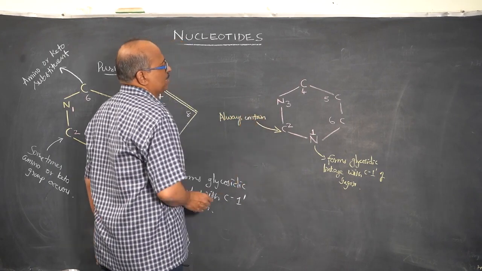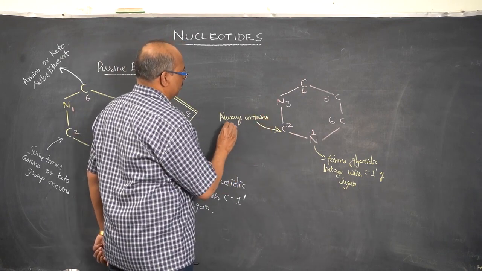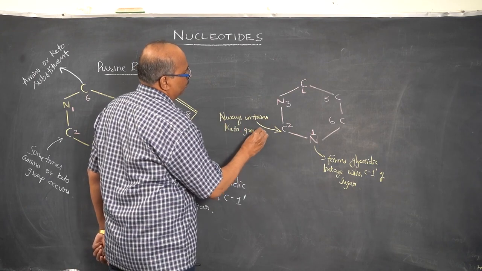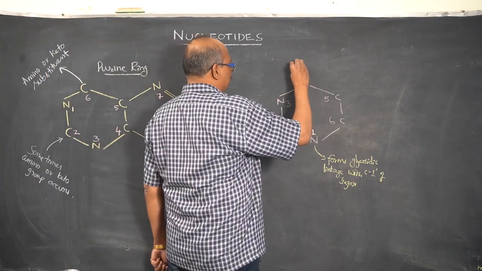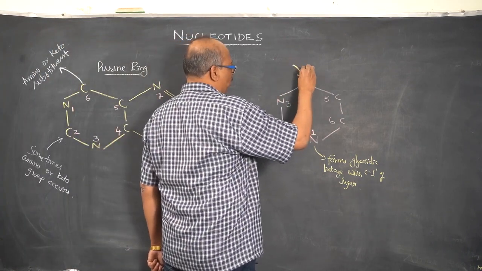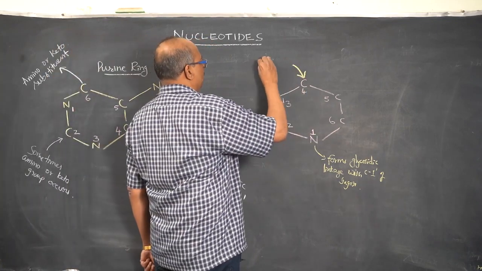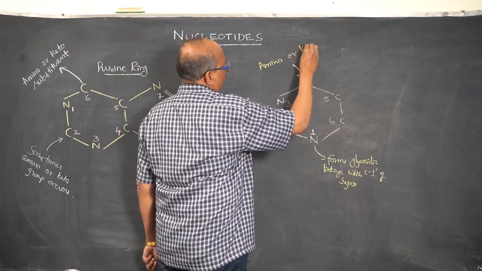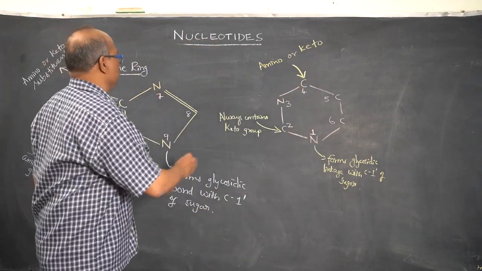Every pyrimidine base at second position has a keto group. This position determines whether it is an amino or keto pyrimidine. So you may have the amino base or the keto base based on the substituent.